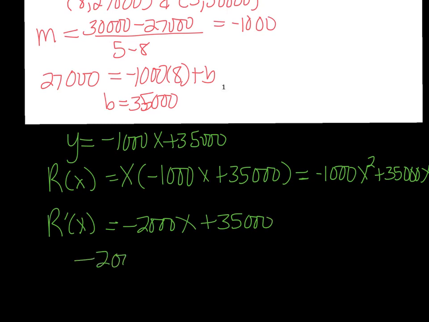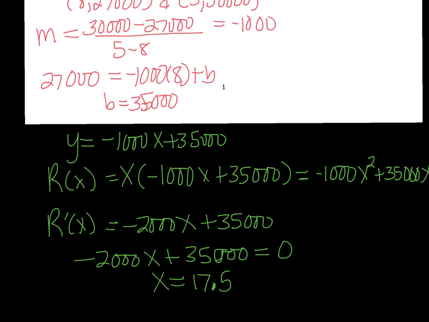Set that equal to 0 and solve for x, which gives us the critical point, but that value will also be what maximizes the revenue. So a simple linear equation to solve, and when you do, you should come up with 17.5. So in other words, $17.50 is what we want to charge the baseball fans in order to maximize revenue.